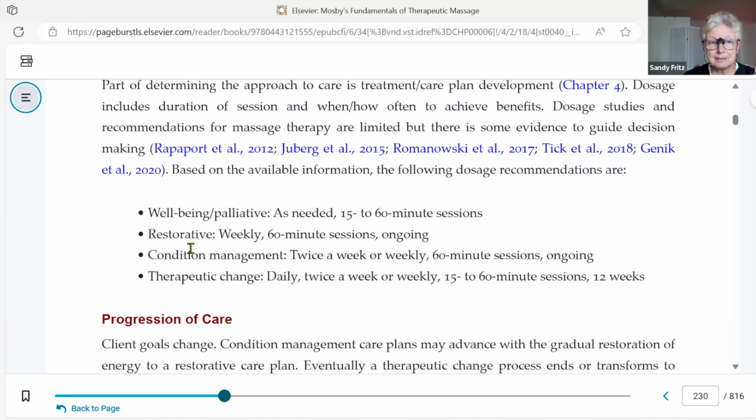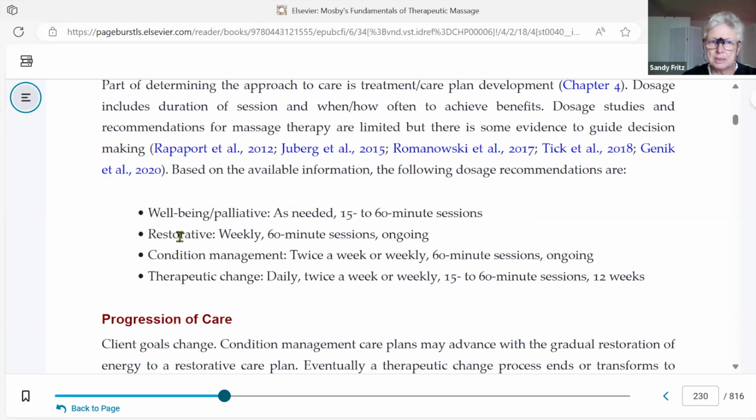That certainly is the case with restorative, but maybe not up here in the well-being and palliative area. This also could be where somebody gets a gift card, depending on where you end up working, and they don't really know about massage. This could also be in a resort area.